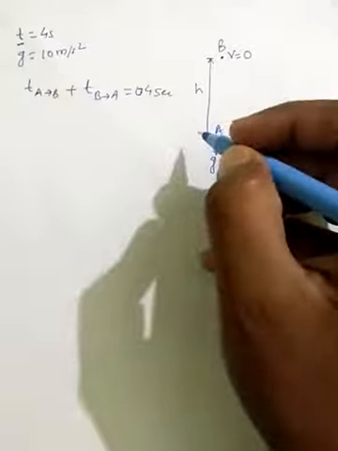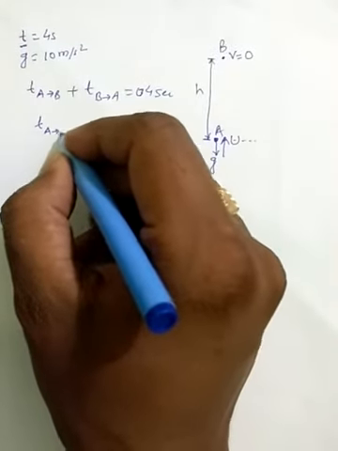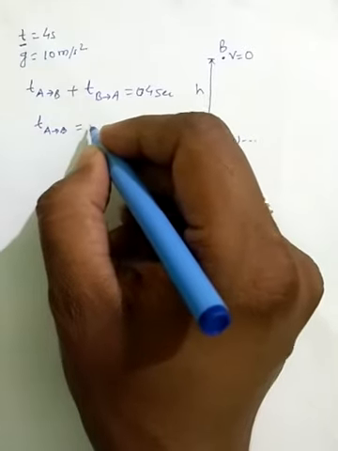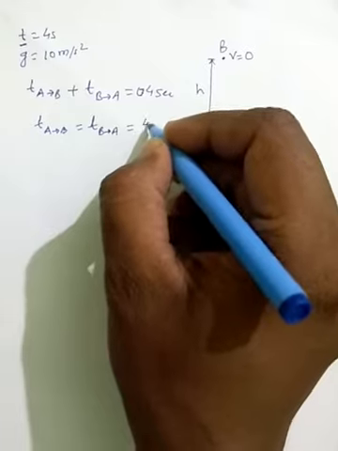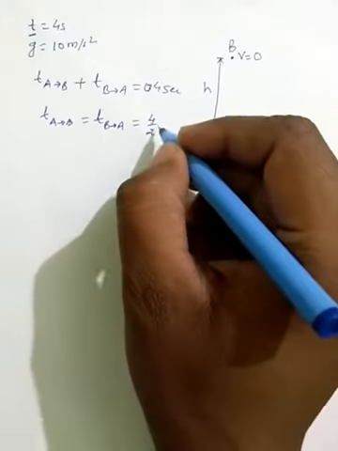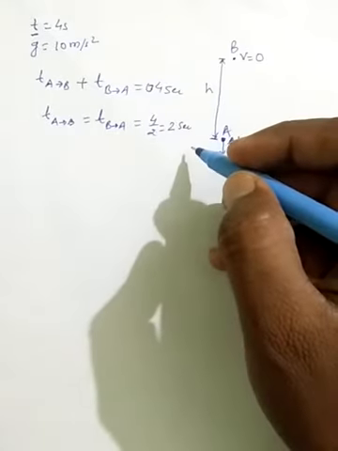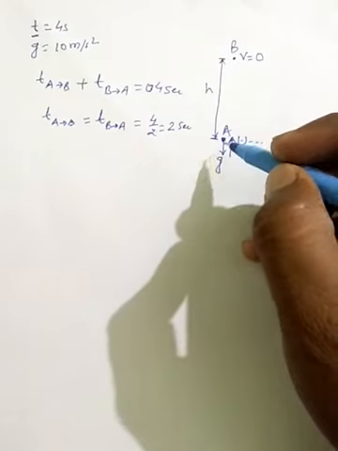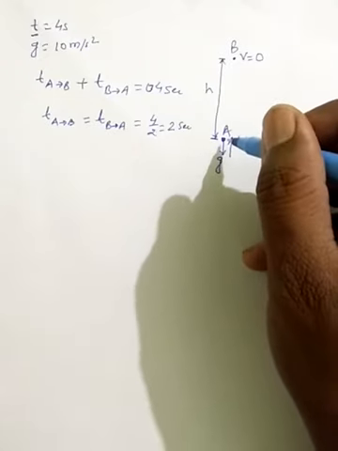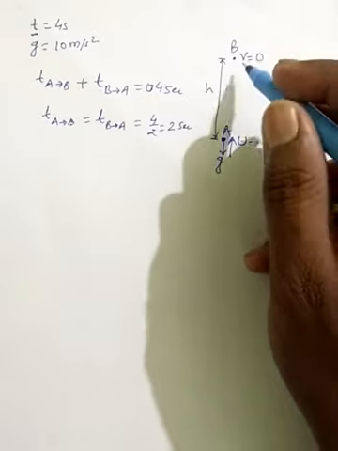Therefore the time for motion from A to B equals that from B to A, which is 4 upon 2, equal to 2 seconds.